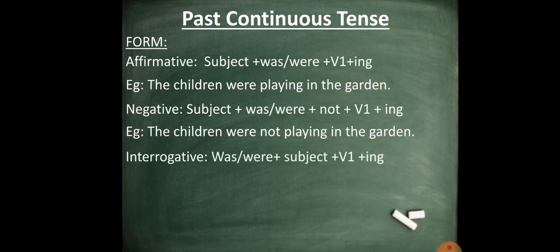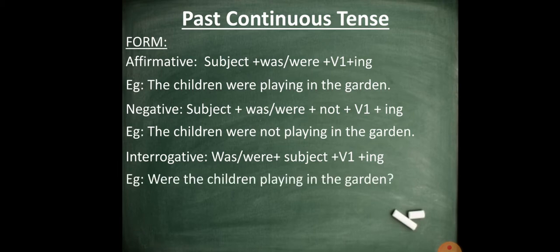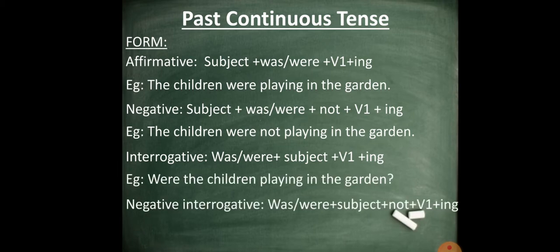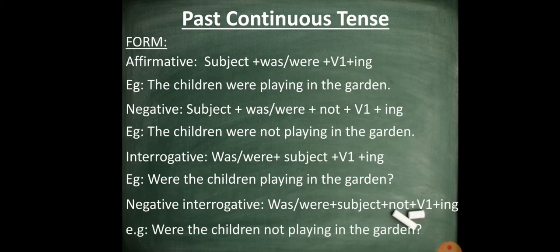Interrogative sentence is formed by putting was and were before the subject followed by V1 plus ing. Example, were the children playing in the garden? Negative interrogative is formed by putting was and were before the subject and not after the subject followed by V1 plus ing. Example, were the children not playing in the garden?